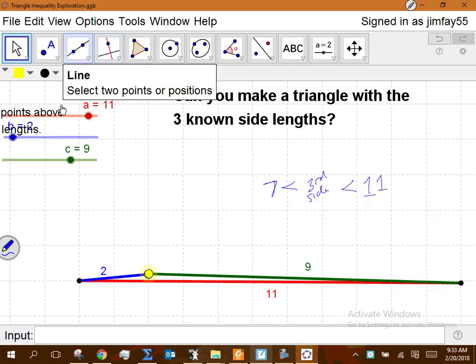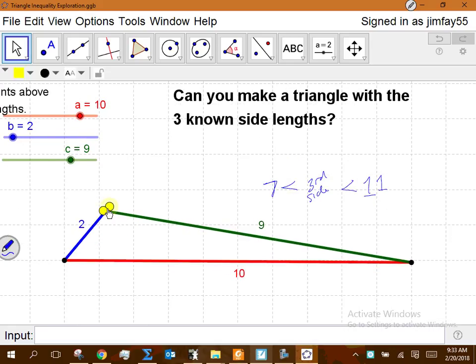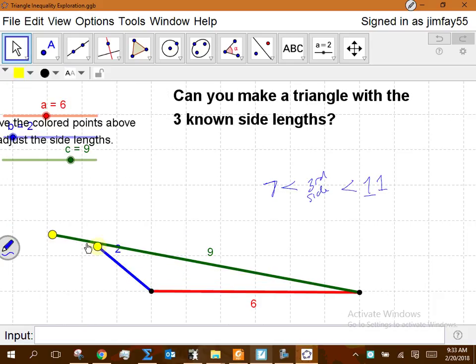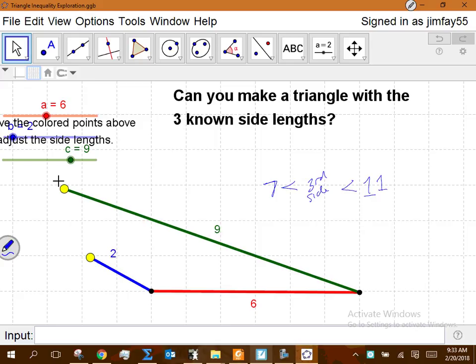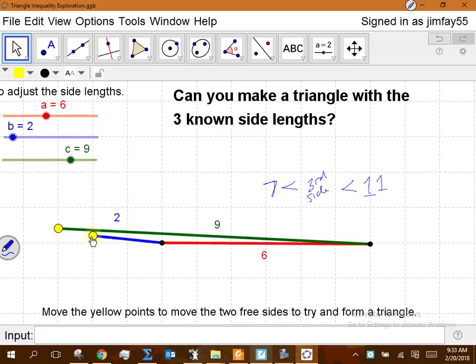But if I can find this red value to be anywhere between 7 and 11, now we will get the ability to get those to intersect to create a triangle, right? Okay. Outside of 7, let's say I take this thing down to 6, and now that blue side and that green side, those endpoints will never be able to touch.